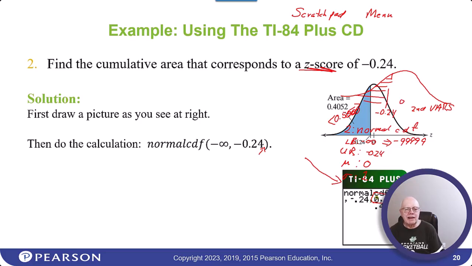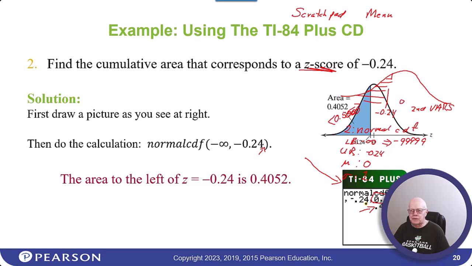Notice that the area is a little bit less than 0.5, so I know I'm in the good region. So if anyone made a mistake, maybe it was the calculator. If it does though, get a new one, or borrow one. And there's my area.